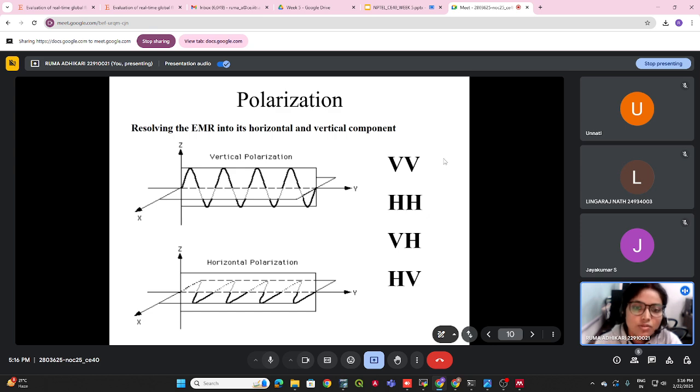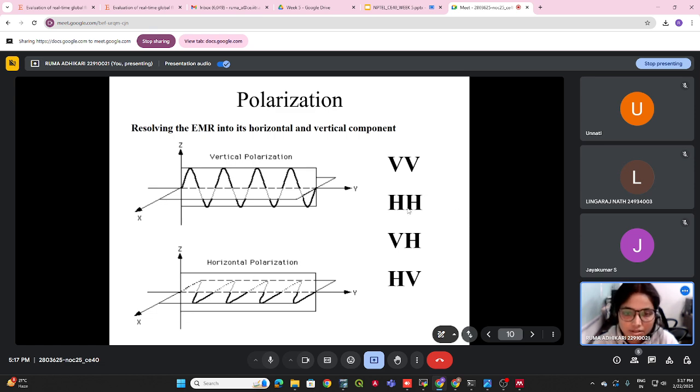So if you read like VV, HH, VH, HV, the first one is the received one, always remember, and the second one is the transmitted. So when we transmit V, this type of signal, and we receive a similar signal, then we call it VV. When that is HH, the same.